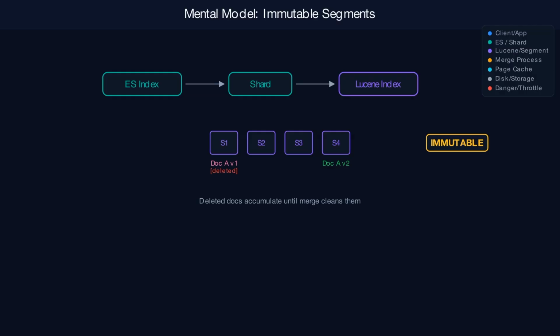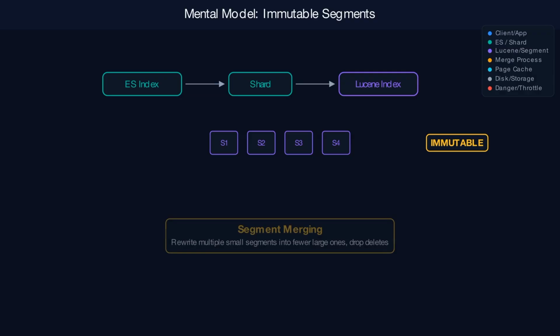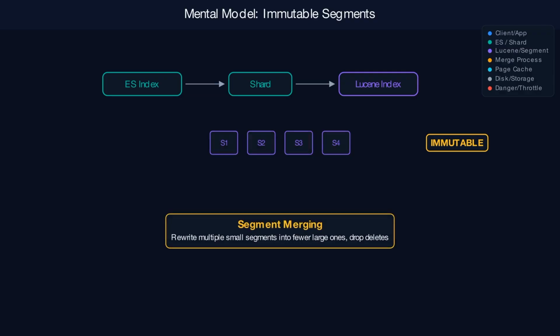If a document is deleted, it is marked, not immediately removed. Over time, you accumulate many small segments and deleted tombstones. Segment merging is the background process that rewrites multiple smaller segments into fewer larger ones, dropping deleted documents along the way.